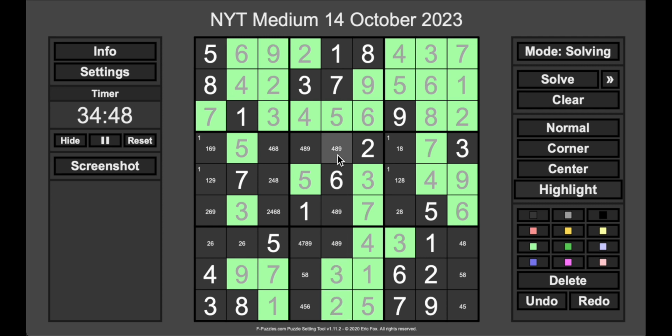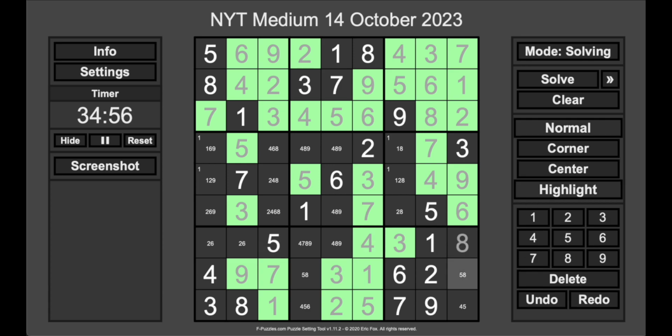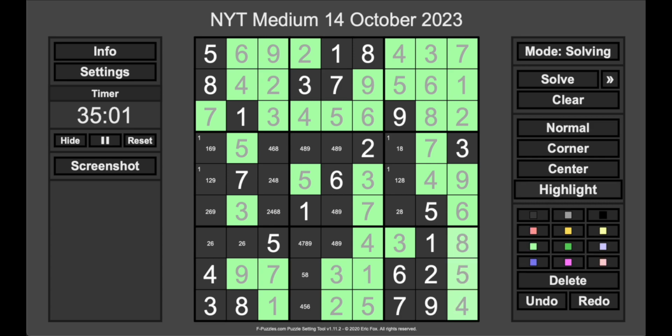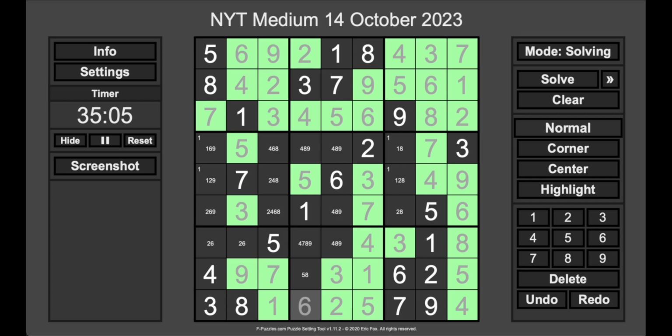Let's see, 4, 8, 9, none of that's sorted out yet. That 5, 4 here is going to sort out. That's an 8, that's a 5, that's a 4.